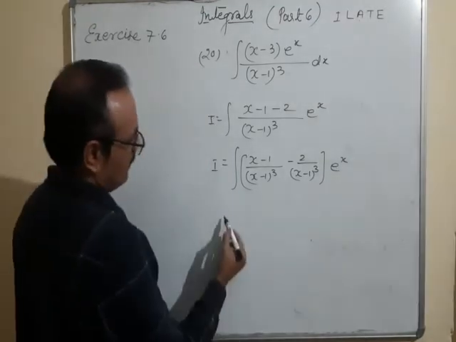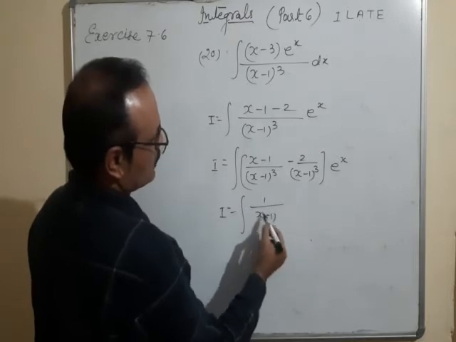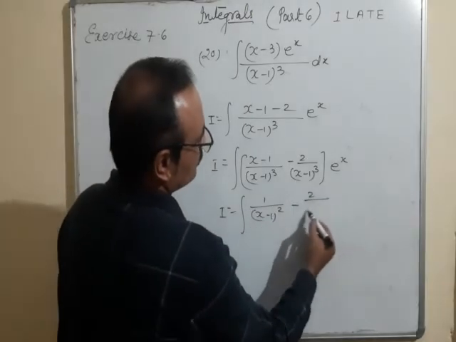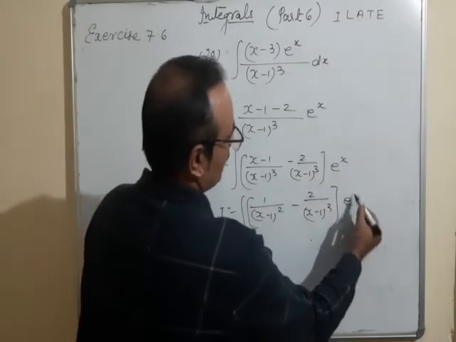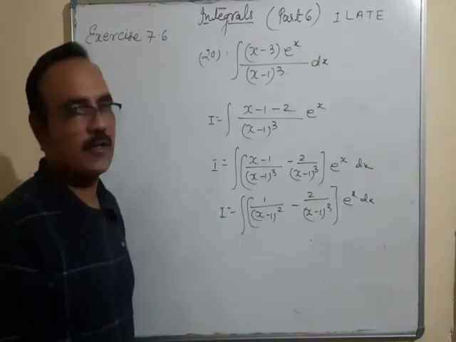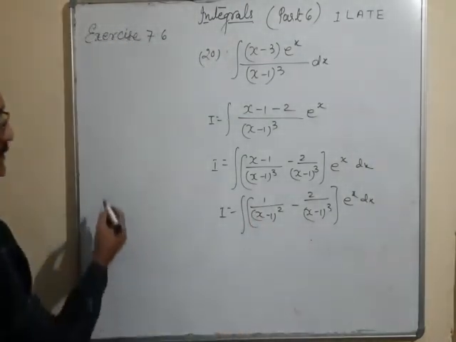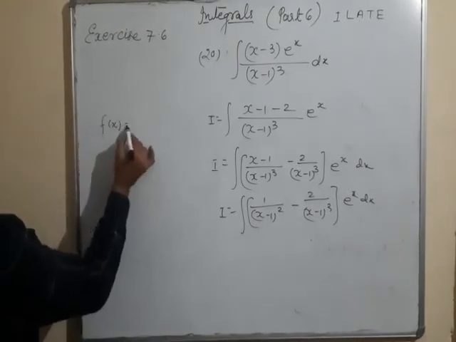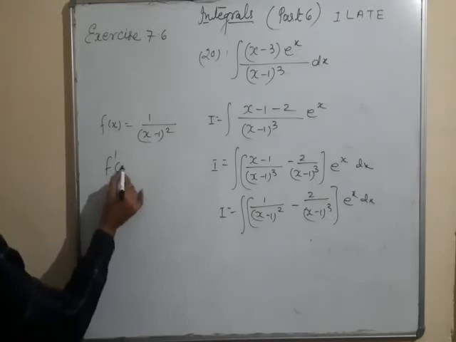I is equal to, x minus 1 cancels, 1 upon x minus 1 whole square minus 2 upon x minus 1 whole cube, e to the power x, dx. Now we got two terms. Now let us see its differentiation. Is that one yes or no? I think yes. f of x is equal to 1 upon x minus 1 whole square. Differentiate with respect to x.